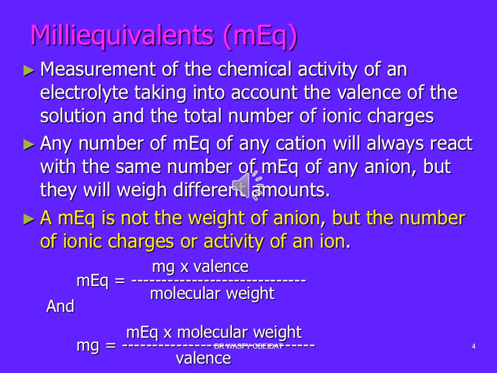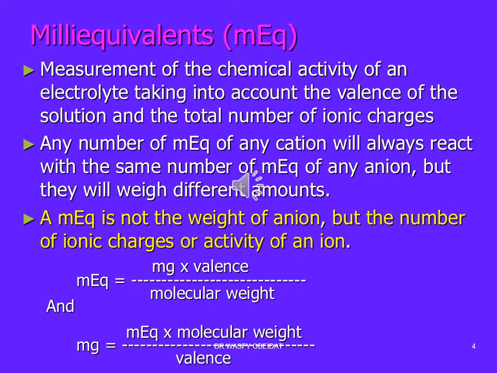A milliequivalent is a measurement of the chemical activity of any electrolyte, taking into account the valency and the total number of ionic charges. To describe the chemical activity in a closer way, we can say that it represents the fact that any number of milliequivalents of any cation will always react with the same number of milliequivalents of any anion.